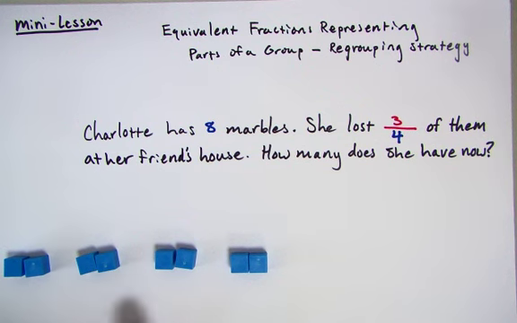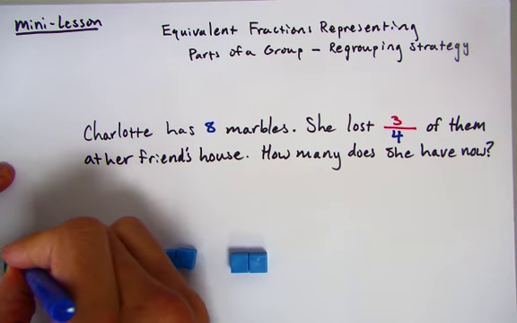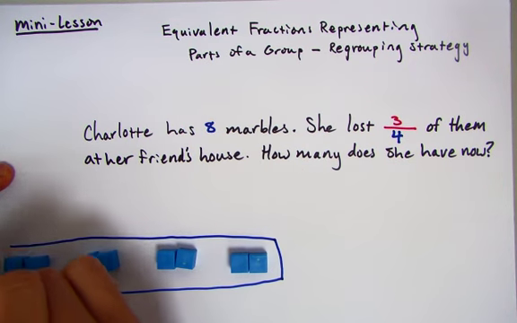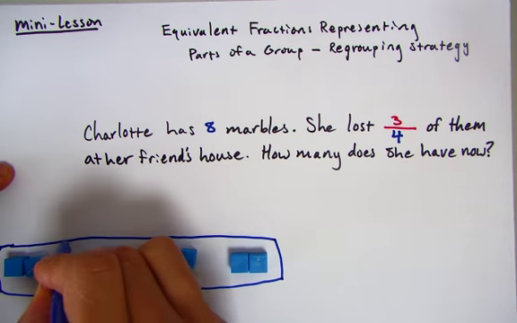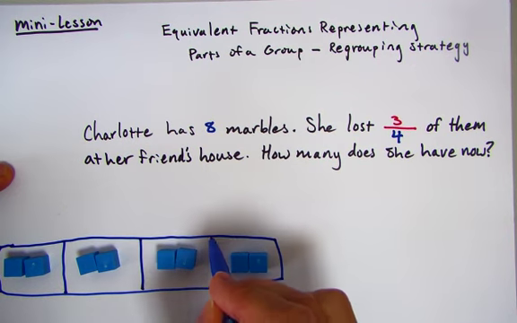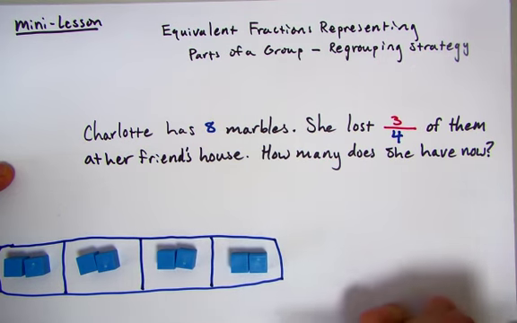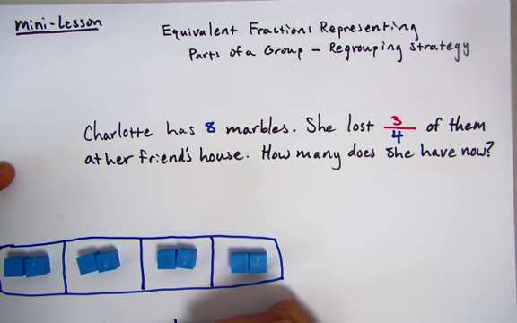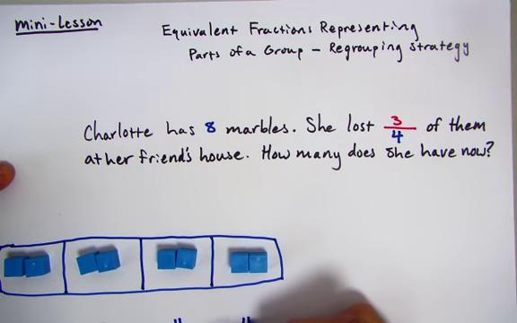Do you see it now? Do you see 4 equal parts now? I do. I see 1 here, 2 here, 3 here, and 4. So actually, I'm going to label each part as a fraction now.